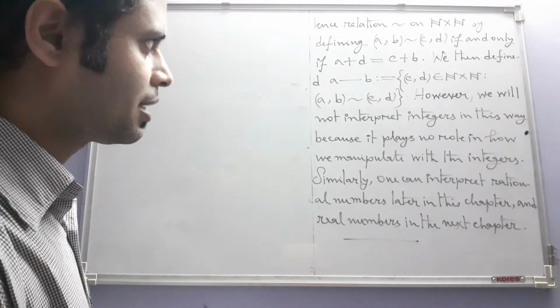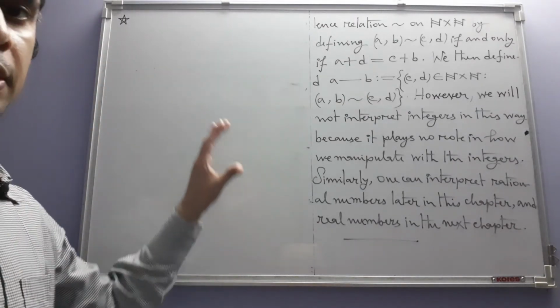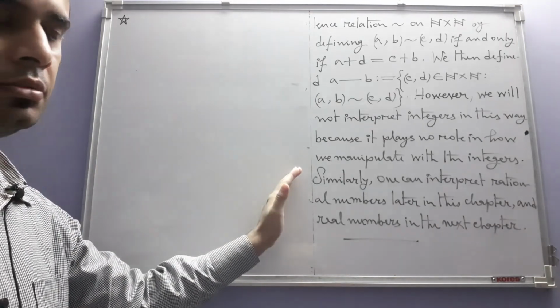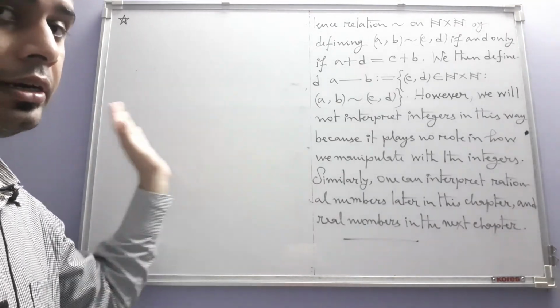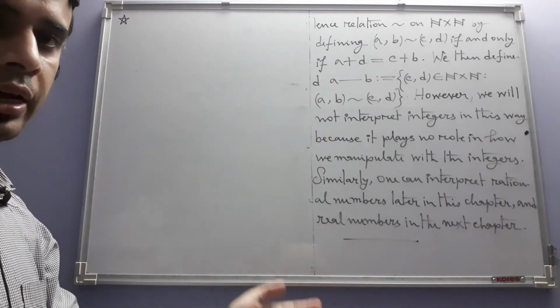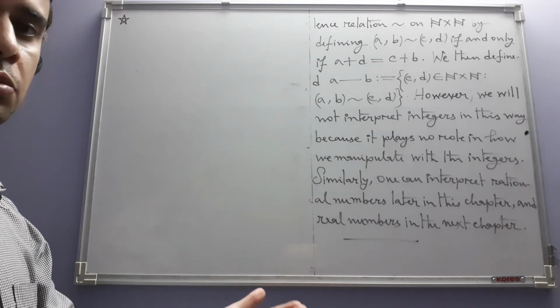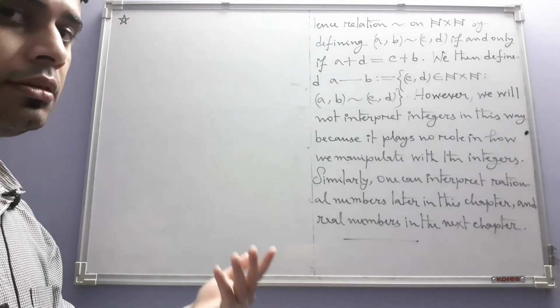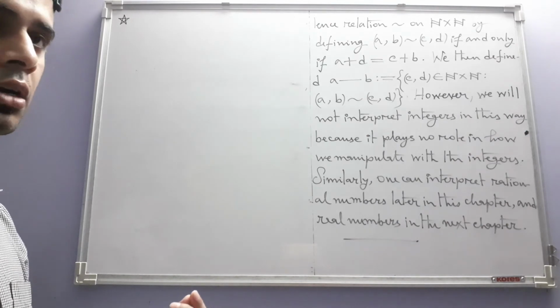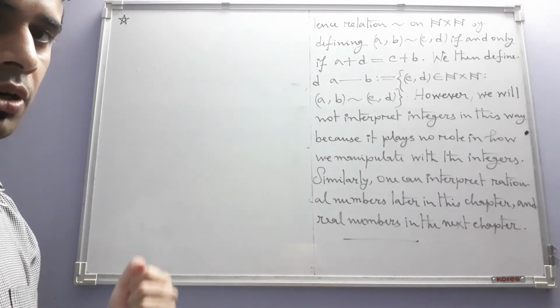But now we have come to a different type of problem. Fine, we have defined integers as A dash B. We have defined integers like that, and we have also defined when we should say that two integers are equal, that is that relation. We have to now prove that that relation is a legitimate relation for equality.